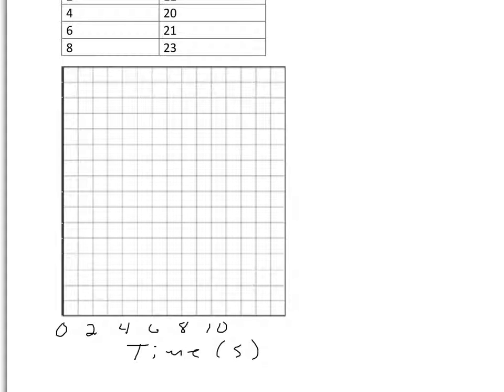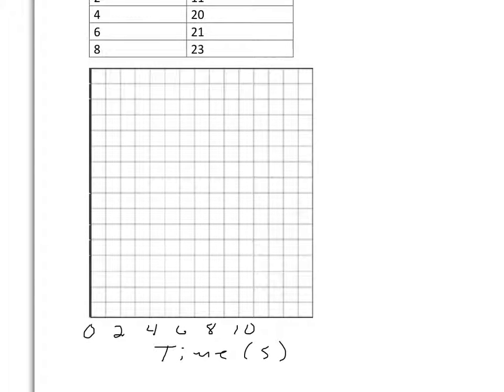So let's move this, there we go. Position, and that's in meters. So I'm going to have these go by 2 so I can get all the way up to 23. So 2, 4, 6, 8, 10, 12, 14, 16, 18, 20, 22, 24.